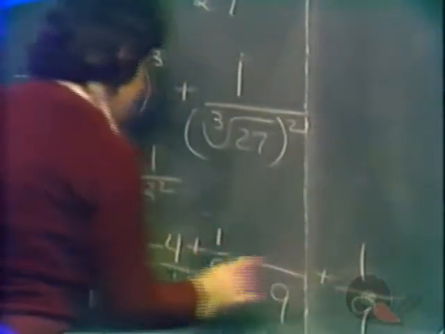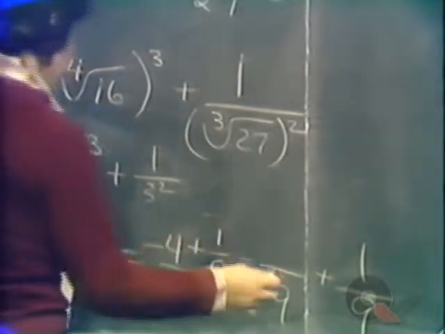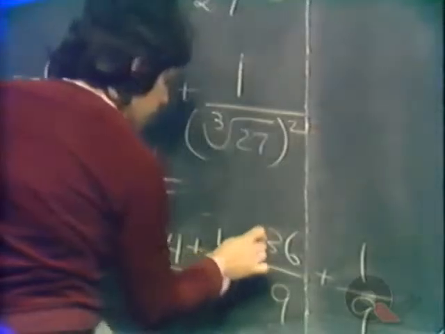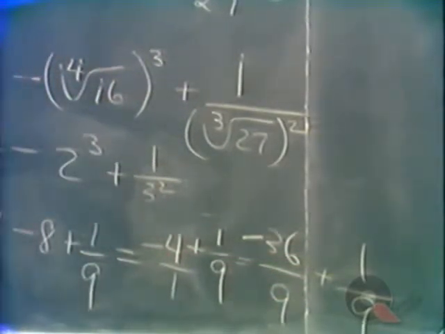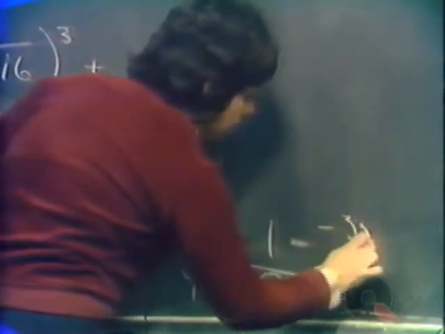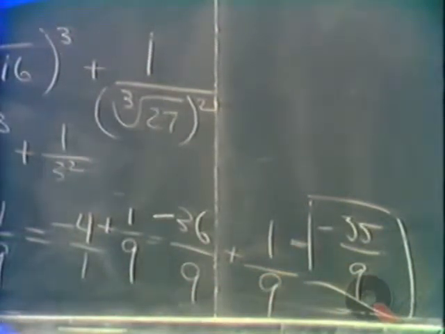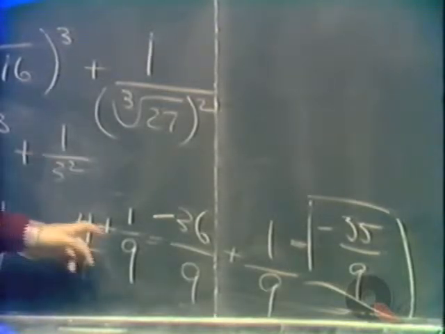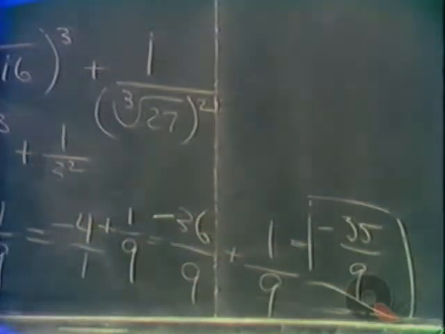We have 1/9, and 4 can be rewritten as 36/9. So we have minus 36/9 plus 1/9, for a final answer of minus 35/9.